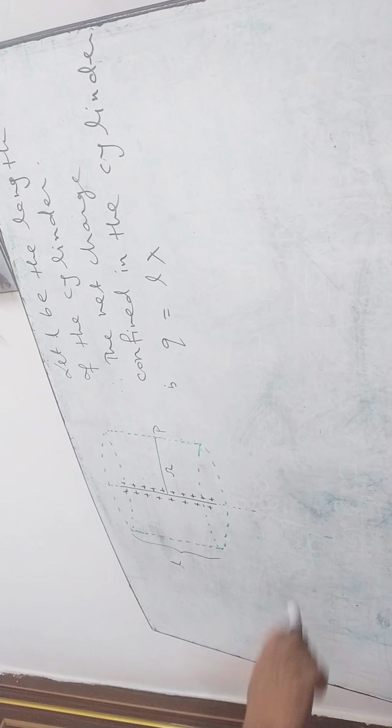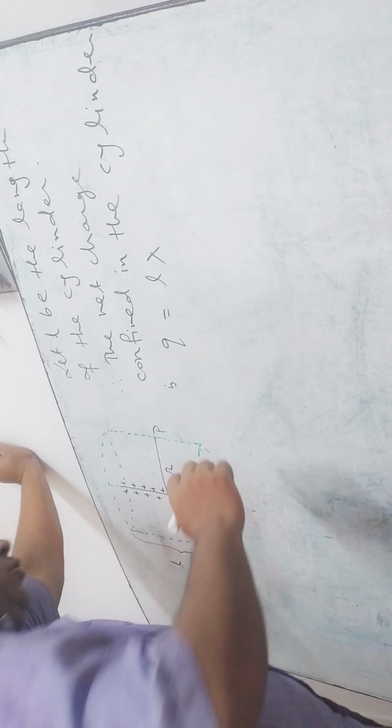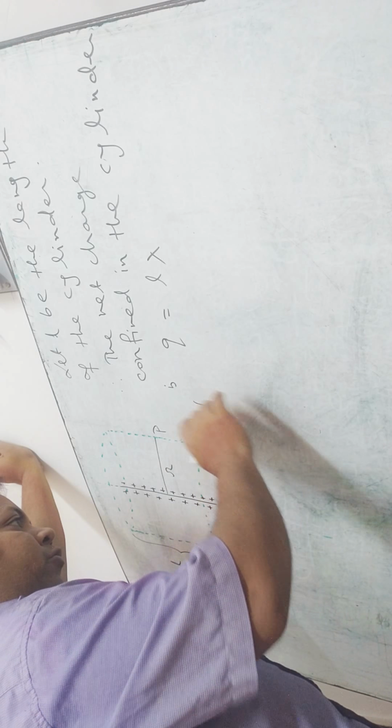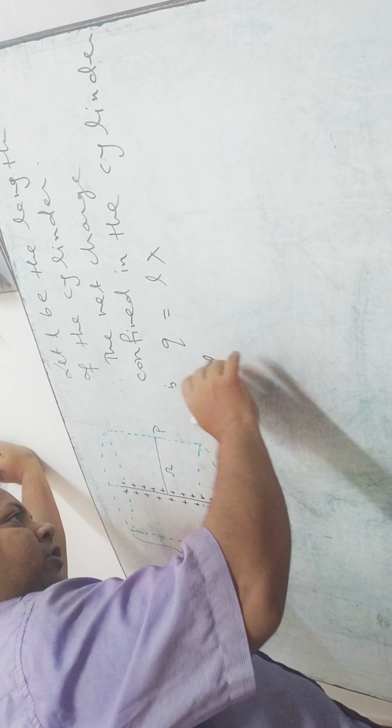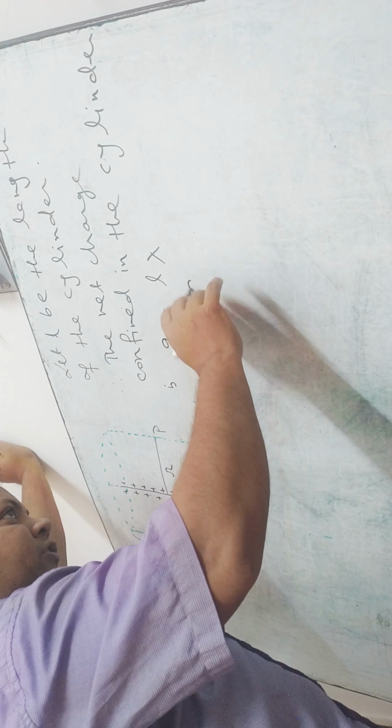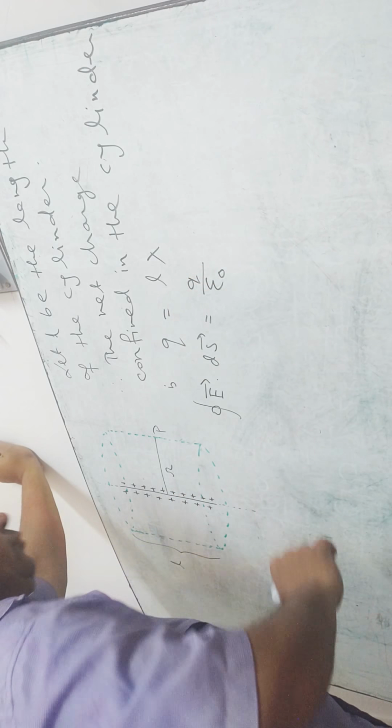Now applying Gauss theorem, we can write closed integration of E dot ds is equal to Q by epsilon 0.